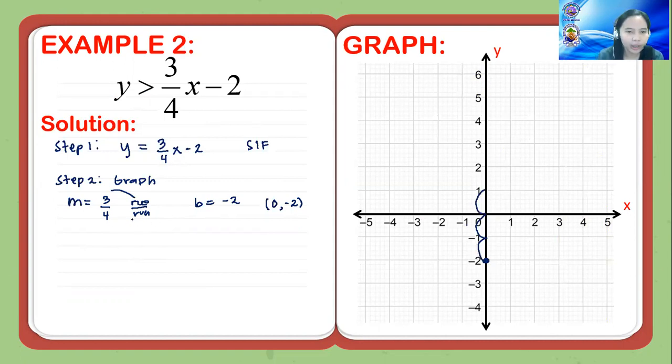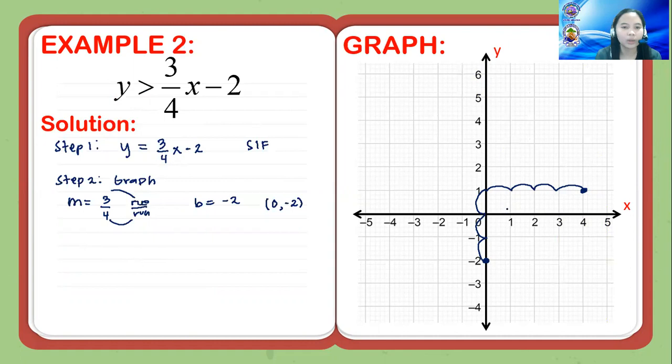And for the run, since the denominator is 4, we have 4 steps: 1, 2, 3, 4. And this will be the point. As you can see, we now have 2 points. The line postulate, if you still remember, states that 2 points determine a line. As long as we have 2 points, we can form a line.